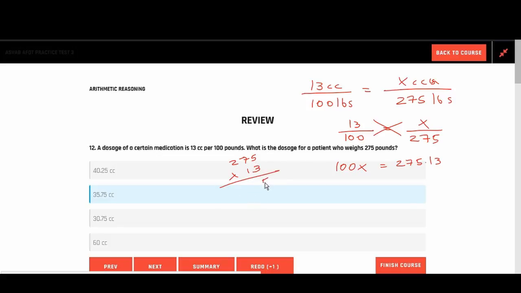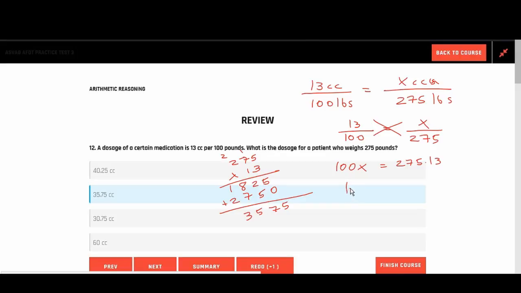5 times 3 is 15, carry the 1. 7 times 3 is 21, plus 2 is 22, carry the 2. 2 times 3 is 6, plus 2 is 8, add a 0. 1 times 5 is 5, 1 times 7 is 7, 1 times 2 is 2, let's add. 0 plus 5 is 5, 5 plus 2 is 7, 8 plus 7 is 15, carry a 1, 1 plus 2 is 3.